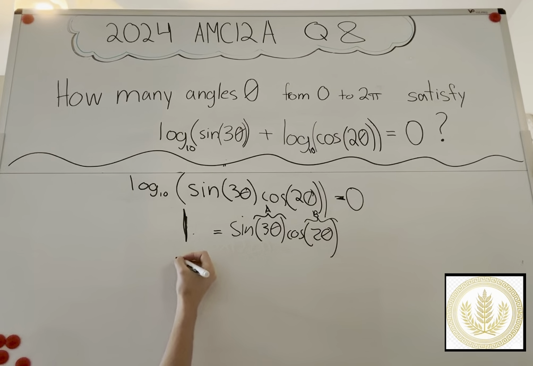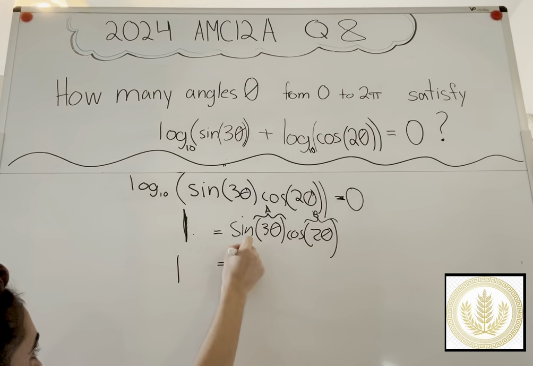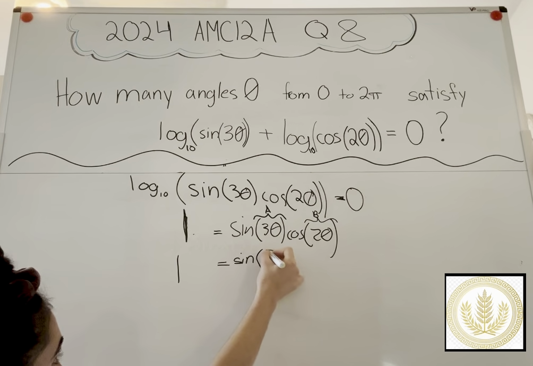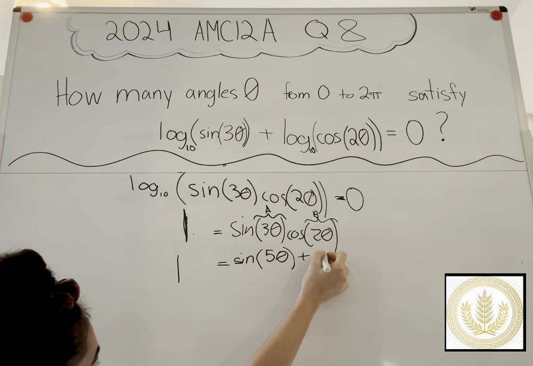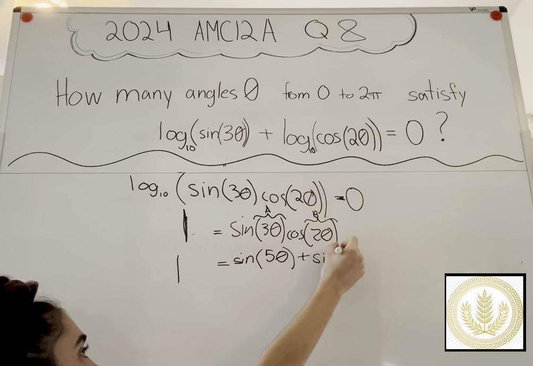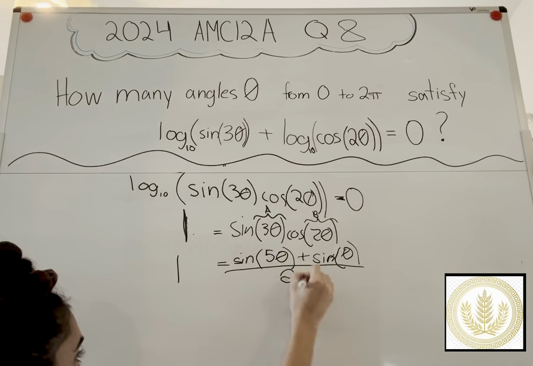Remember that sine A cosine B simplifies to sine of A plus B, which in our case is 3 theta plus 2 theta, which is 5 theta, plus sine of A minus B, which is 3 theta minus 2 theta, which is just theta, and all divided by 2.